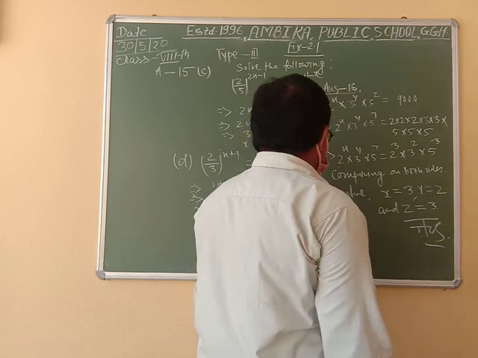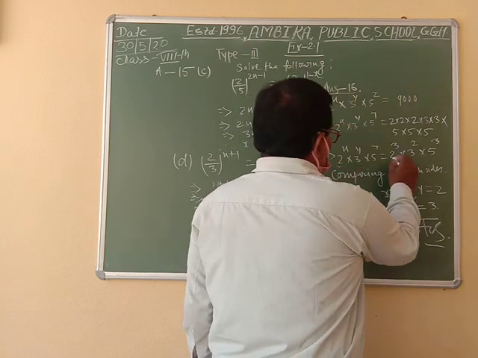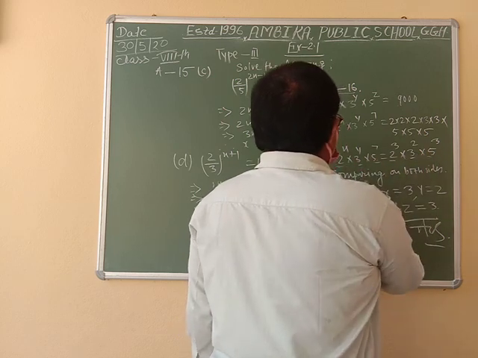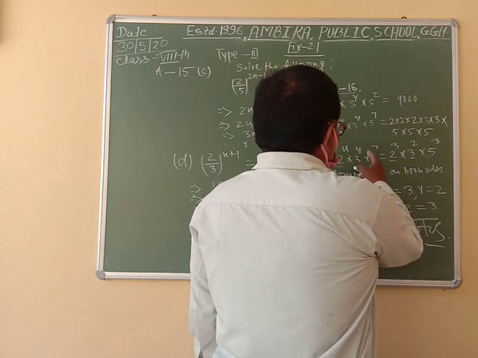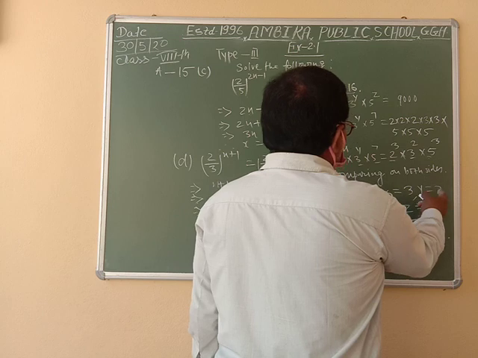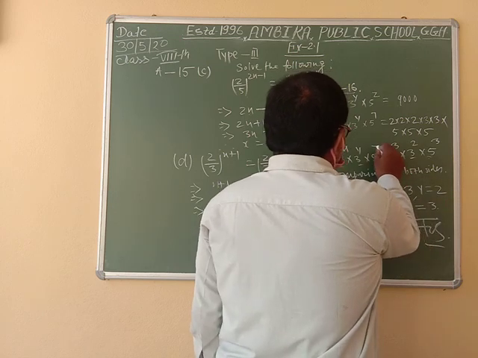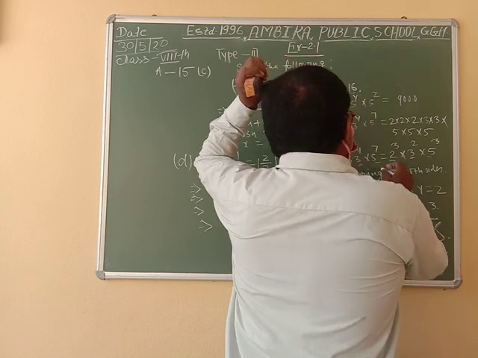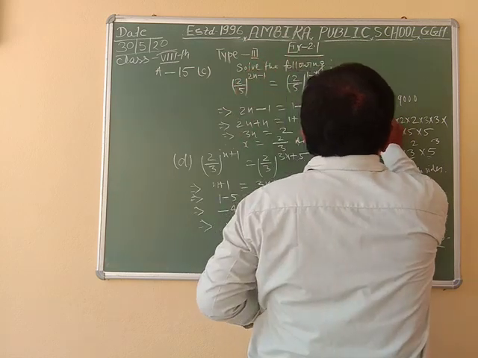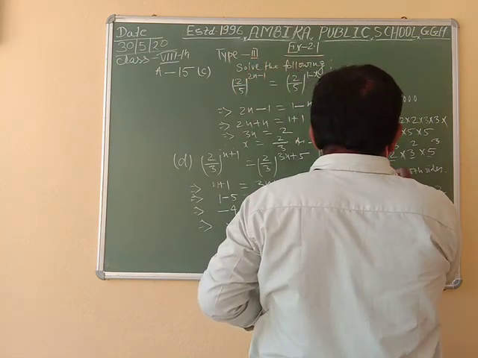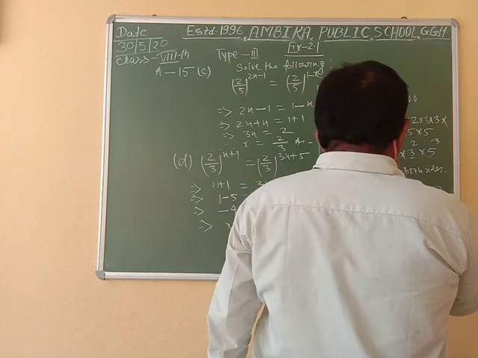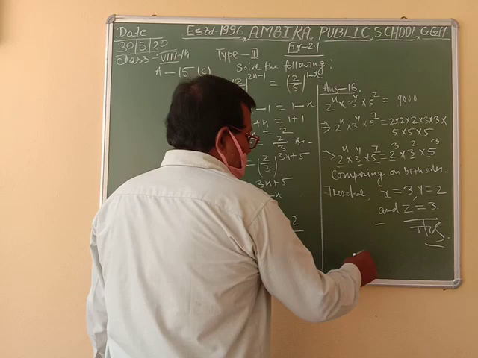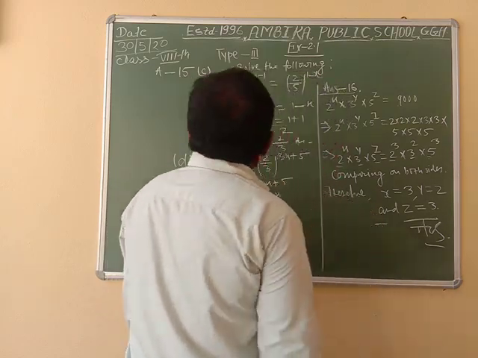Comparing on both sides, bases are equal. So the value of x will be 3, value of y will be 2, and the value of z will be 3. Hence this is your answer.